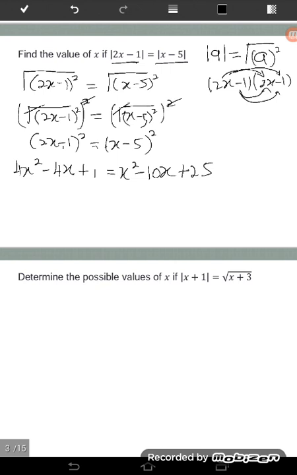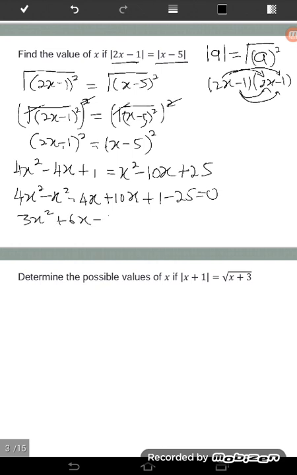Okay, so next simplify. So you will have 4x square minus x square minus 4x plus 10x and then plus 1 minus 25, which is equal to 0. So you have 3x square plus 6x minus 24 equal to 0.